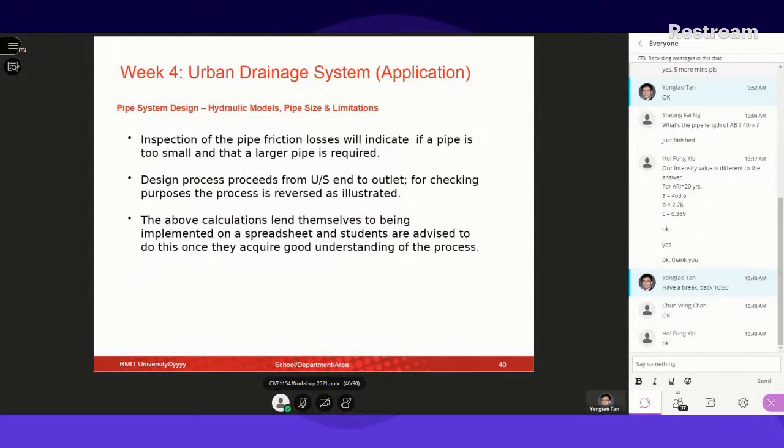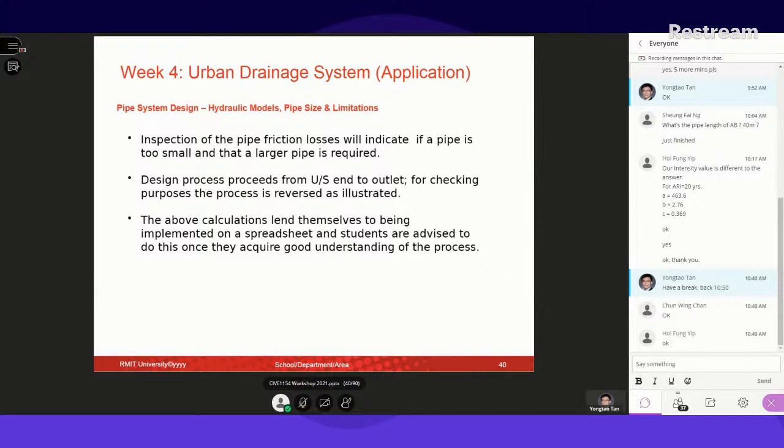Use the Darcy-Weisbach equation, which you remember, to find out the velocity in the pipe. With the velocity you can get the capacity of the pipe to check whether the capacity is larger than the peak flow in the pipe.